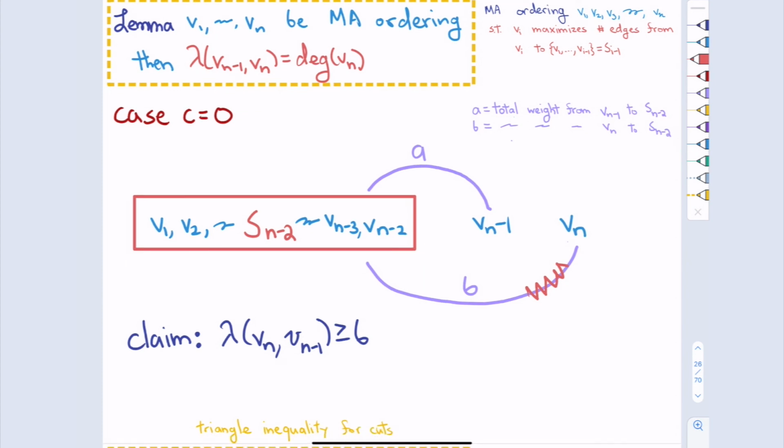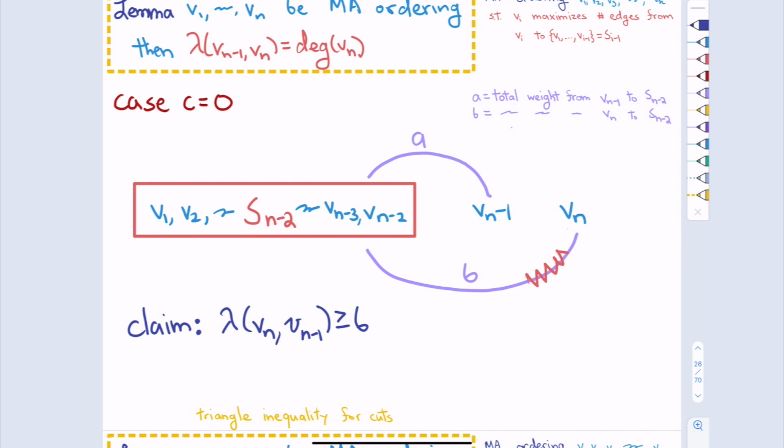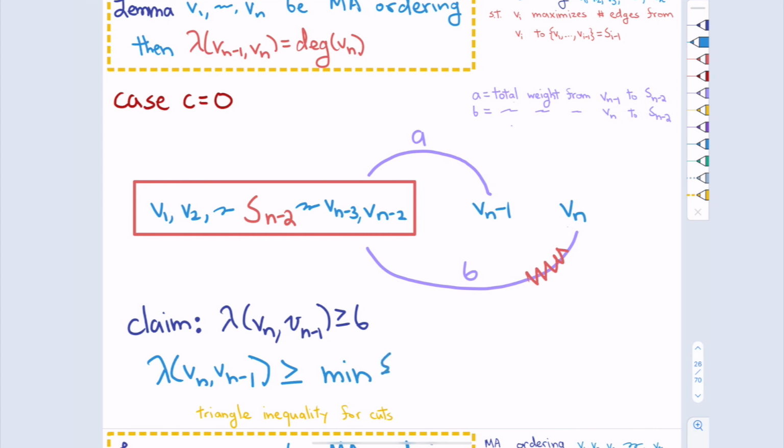All right. So the first thing we're going to do, I believe this was a PSO problem, is point out that the connectivity between Vn and Vn minus 1 is at least the minimum of either the connectivity between Vn and Vn minus 2, or the connectivity between Vn minus 2 and Vn minus 1.